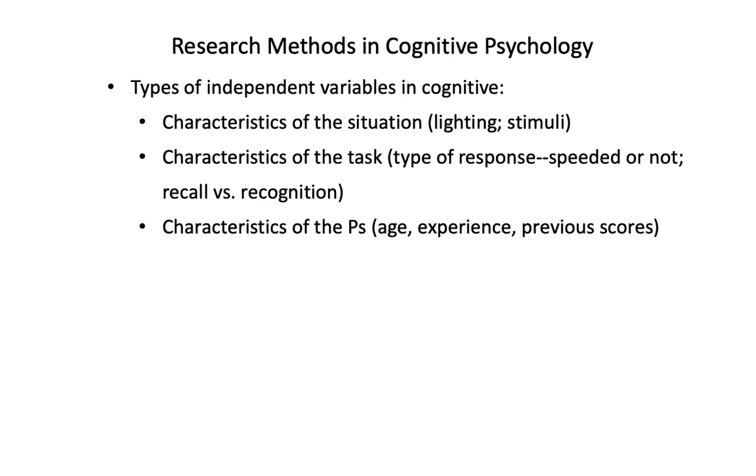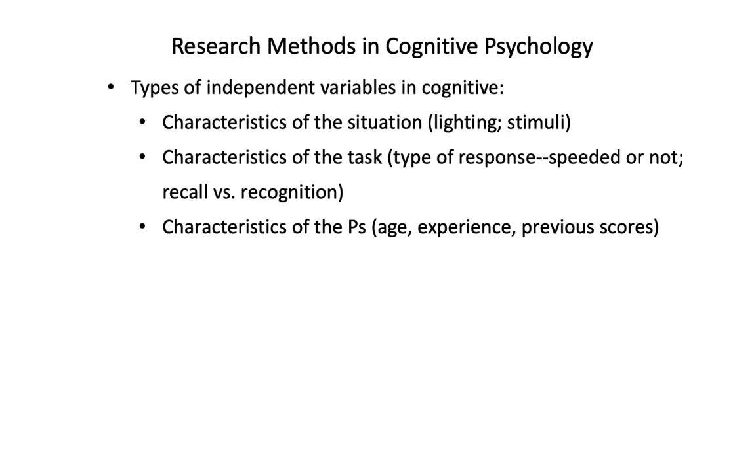And then we also have the characteristics of the participants themselves. This could involve factors such as their age, their experience that might be related to that particular task that you had them do, maybe previous scores, level of education.